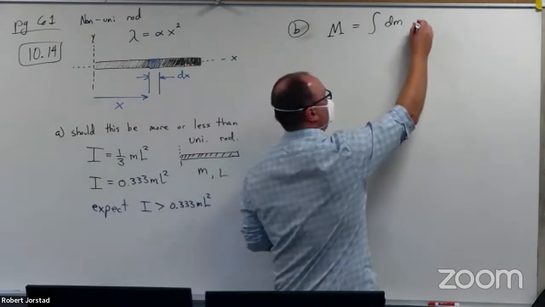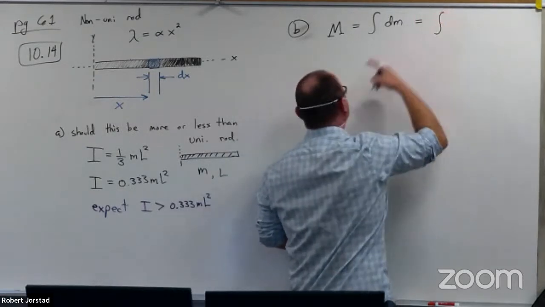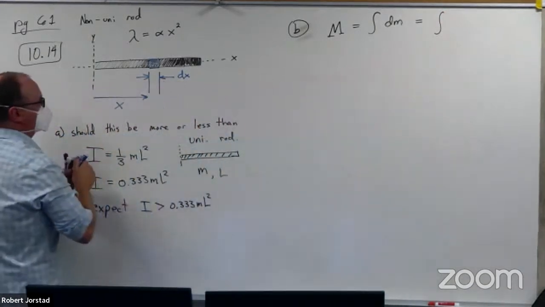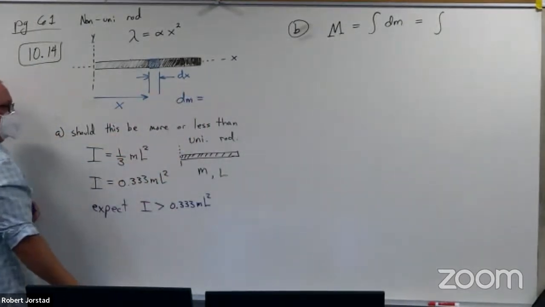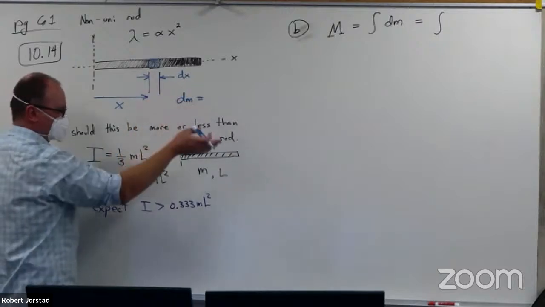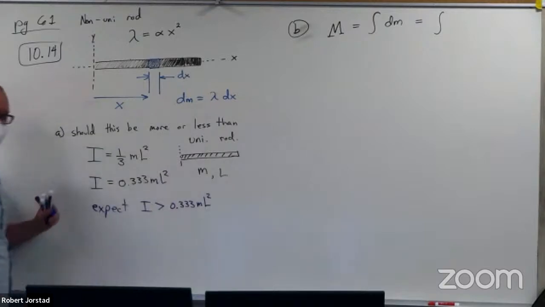Well, help me. What's the integral of dm? What's dm for this chunk? 1D, 2D, or 3D object? Yeah, so it's going to be a 1D, so it's a lambda, not a sigma, not a rho. Lambda dx.